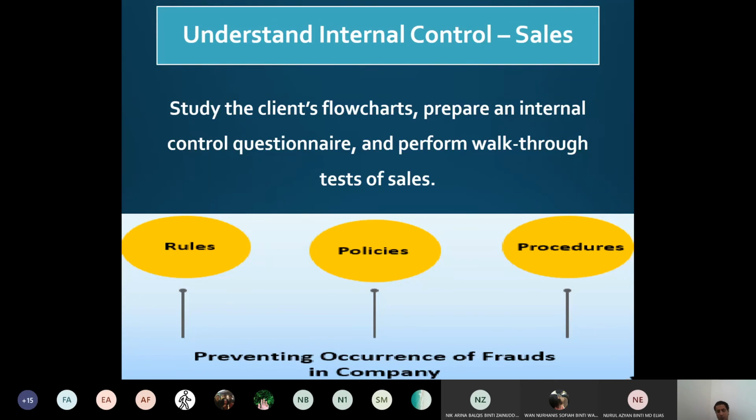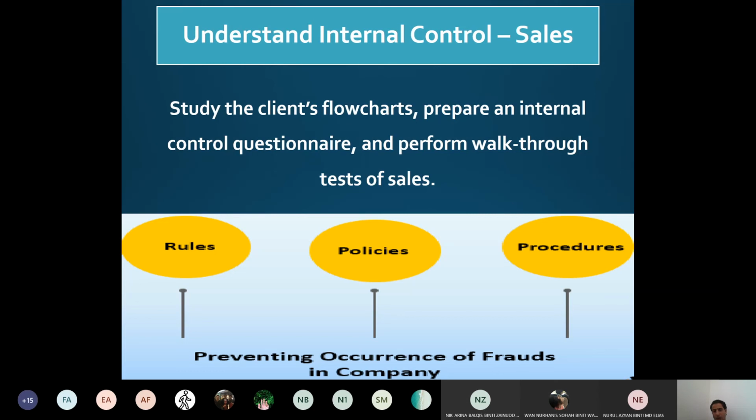Normally they will have the flow chart. For small and medium companies, we don't expect them to have one, but if they have, it will tell us more information. If not, then we need to prepare a questionnaire to ask questions about the internal control.